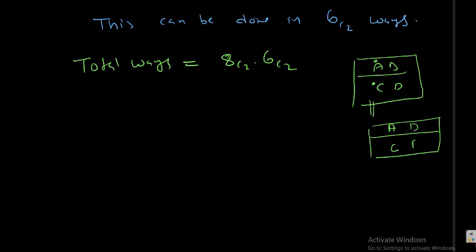Here D and here B. So A and D are one team and C and B another team. What is the meaning of that? From this 8C2 into 6C2, I selected one possibility. That possibility gives another arrangement. So each one gives 2 arrangements. That's why the total number of games is 6C2 into 8C2 into 2. Total number of possible games.